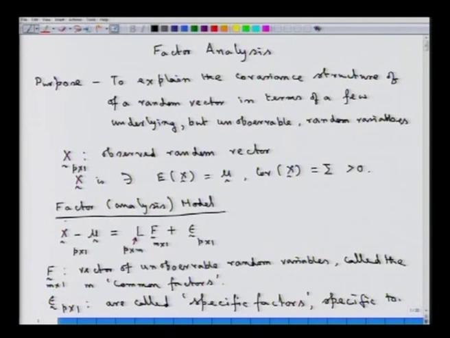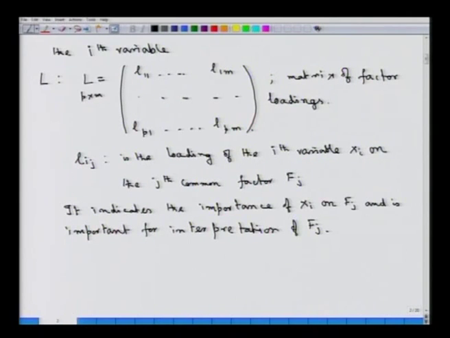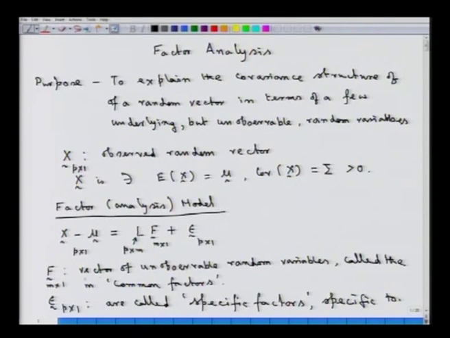So we write the x observed random vector, what we have as the observations. This x minus mu is written as Lf plus epsilon, wherein L is a matrix of constants, which we are calling the factor loadings matrix, and F is the vector of unobservable random variables called the common factors.